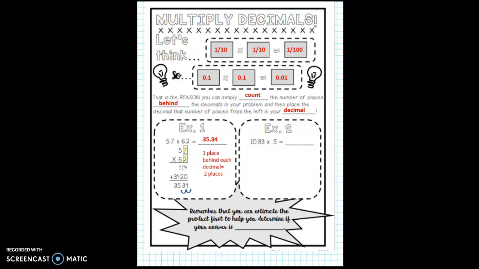Let's try our second example. We can use front-end estimation again. We have a tens place value, so there's a 1 there, a 0 behind it. We're going to leave it as 10. However, this is where it gets tricky. 5/10, there's actually a 0 before that. But if we use a 0 there, 10 times 0 is 0.